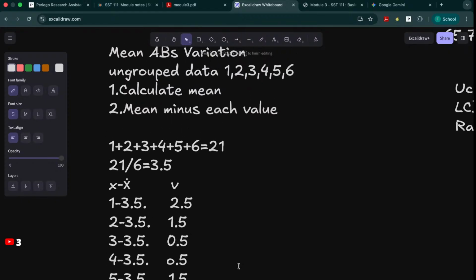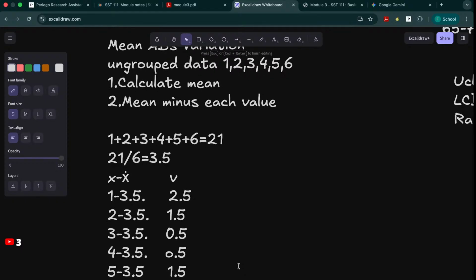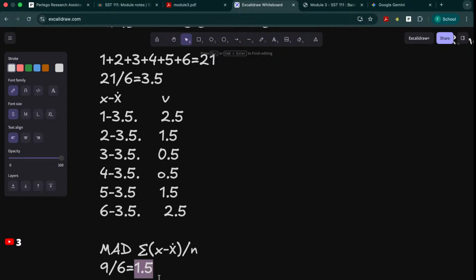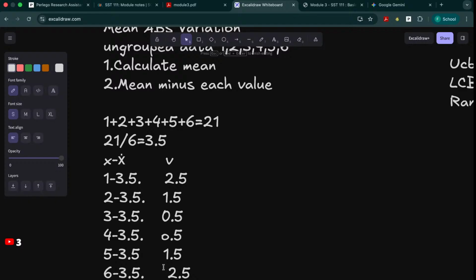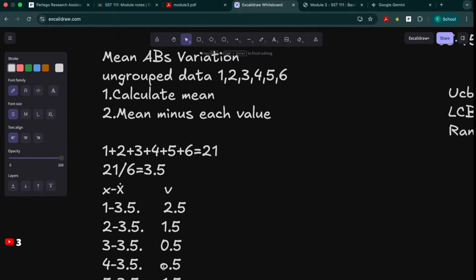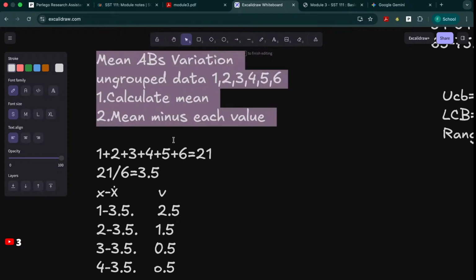And I think maybe we prove it. So 1 minus 3.5. I don't know if we can be able to prove this. So maybe we use AI to do that.